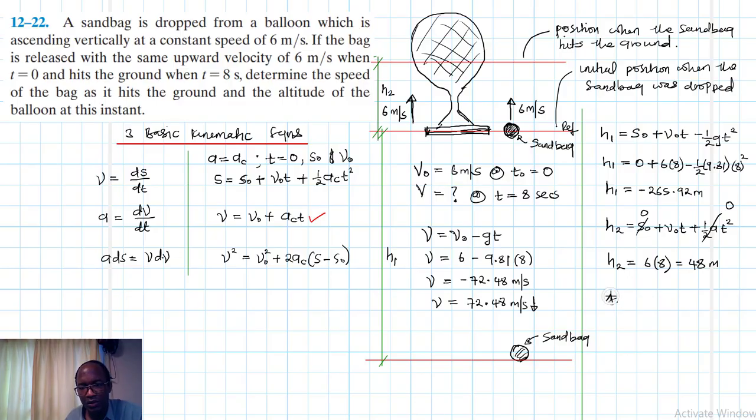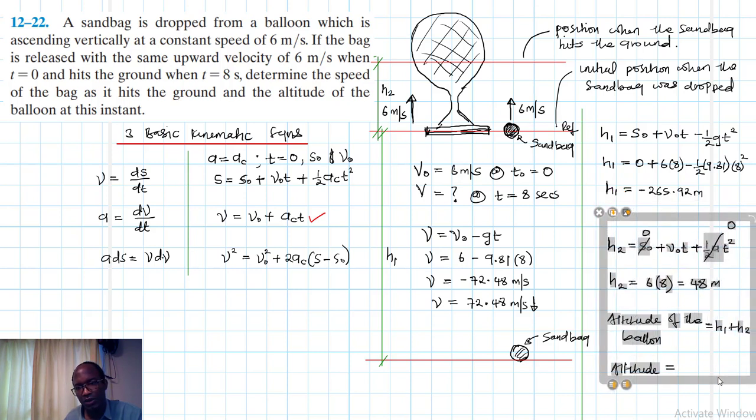So the altitude of the balloon is equal to H1 plus H2. When we add the two again, we are adding the modulus values. Don't mind about the direction, don't mind about that negative.